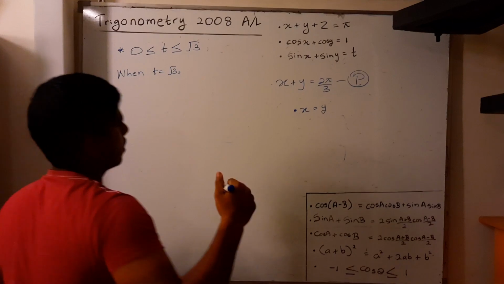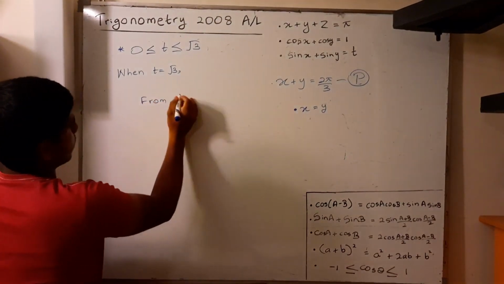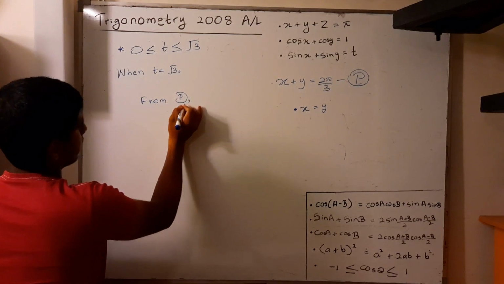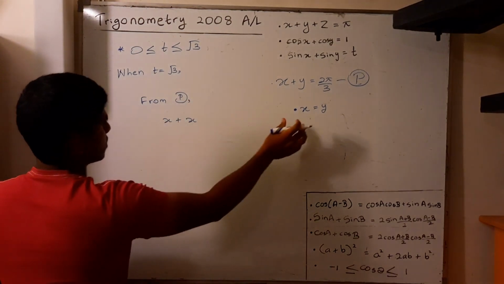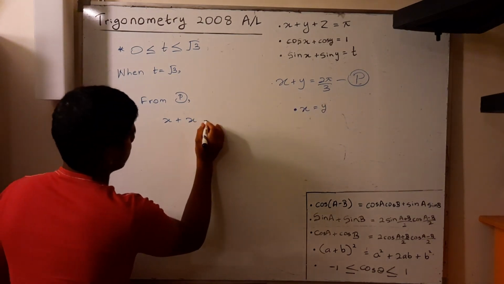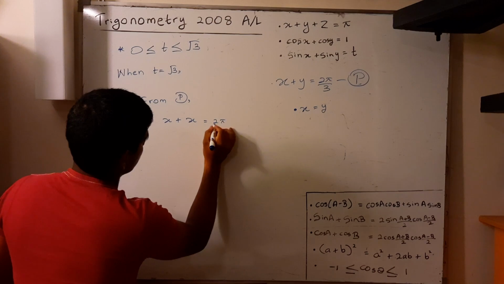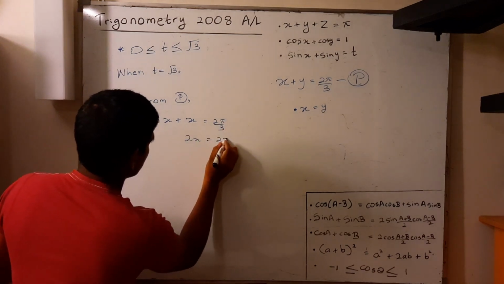So now, through this we can say from P, x plus x, because since x is equal to y, we can substitute x for y, is equal to 2 pi over 3. So 2x equals 2 pi over 3.